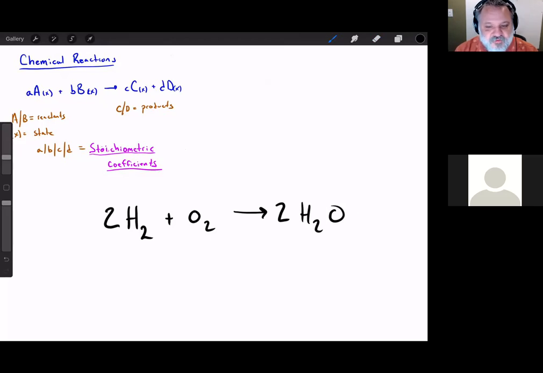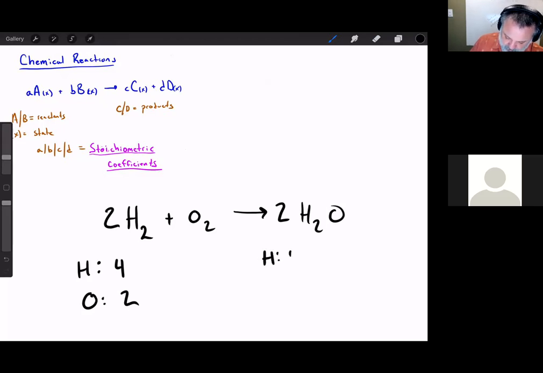That's the way that we would say that. 4 hydrogen atoms, 2 oxygen atoms is balanced with 4 hydrogen atoms and 2 oxygen atoms. We'll add the states back in later.